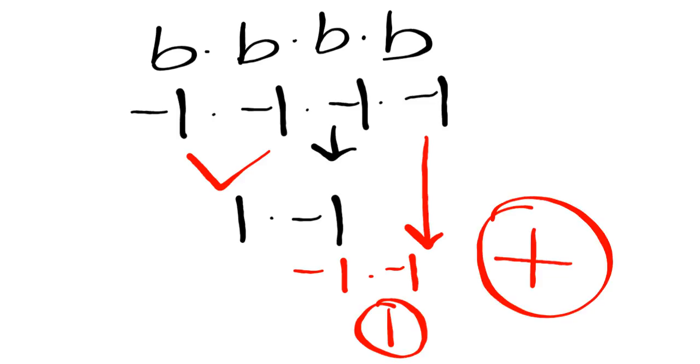So our answer is positive. Another way to look at it is like this. When you're multiplying negatives, if it's an even number, it's going to be positive. But if it's an odd number of letters, it's going to be negative. Yes, Kobe? Well, I don't get why, like, cause I know they're the same sign, you multiply, you get a positive, but why do you get a positive if they're the same sign?